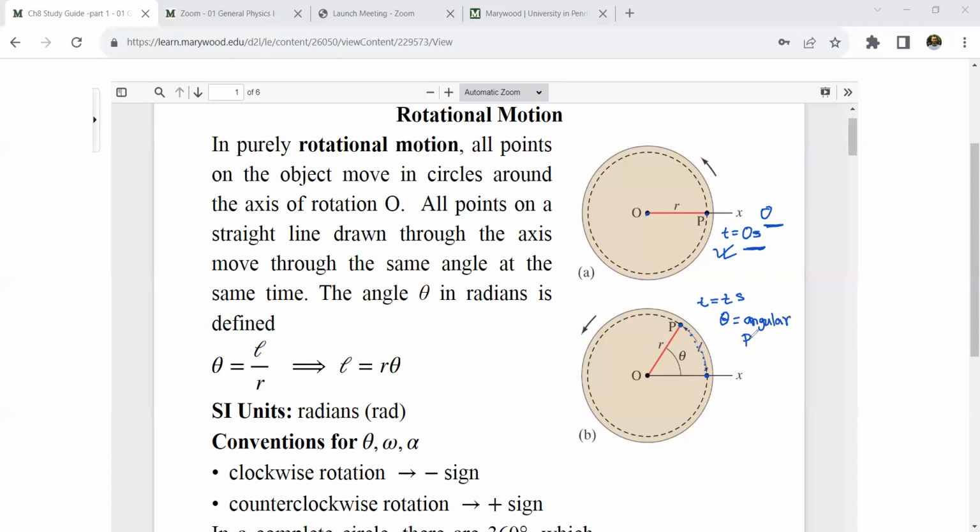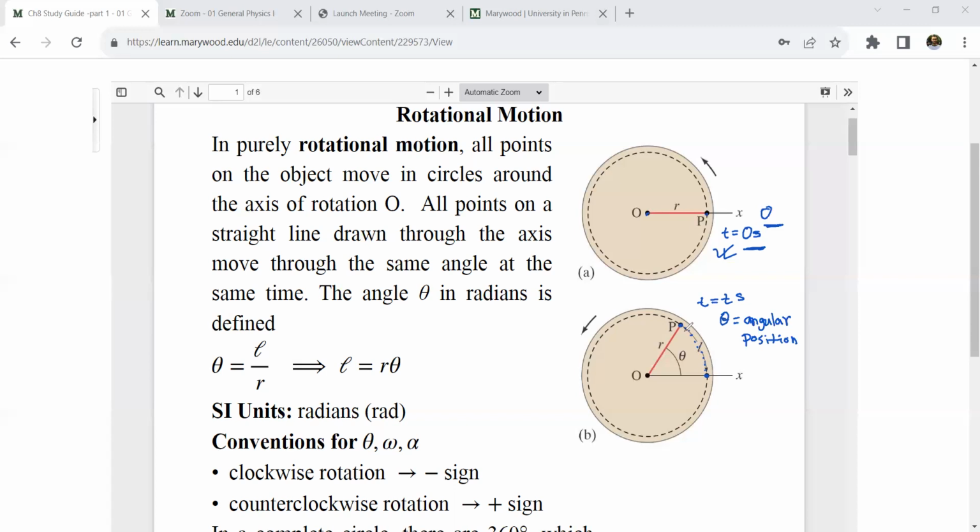So the point P's angular position is theta. Earlier it was 0. You see that very similar to the linear position, we can also have angular position and angular displacement when an object rotates about an axis.